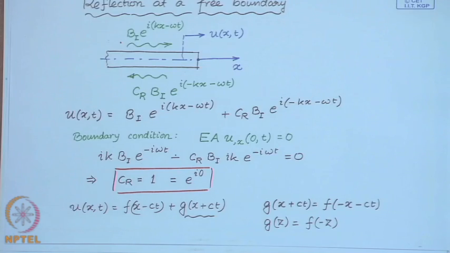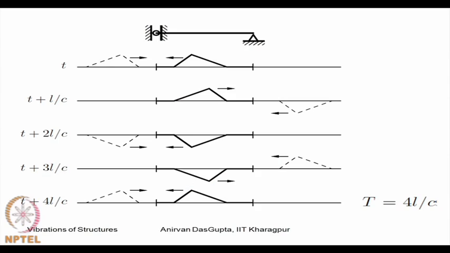Now, this shows another example where we apply what we have just seen. This is a free and fixed string. So, this is a sliding end and this is a fixed end of the string. Consider once again a pulse travelling to the left, and from this free end it is being reflected like this.